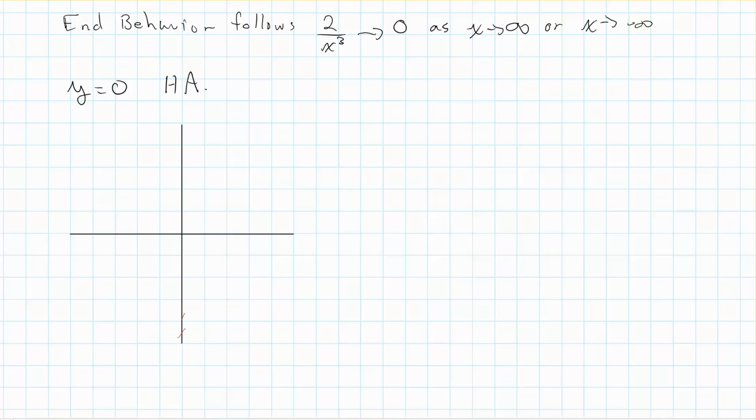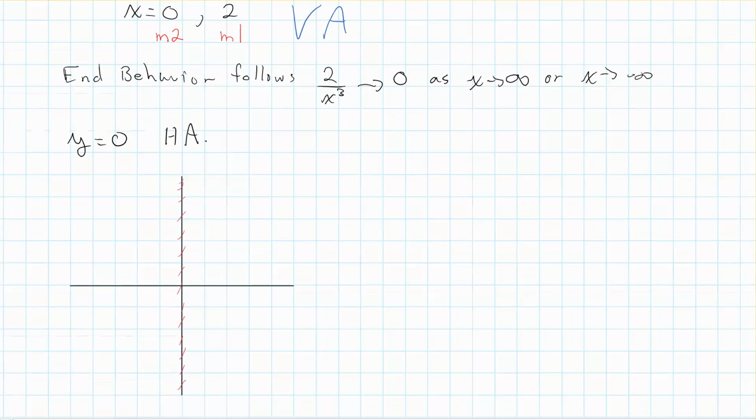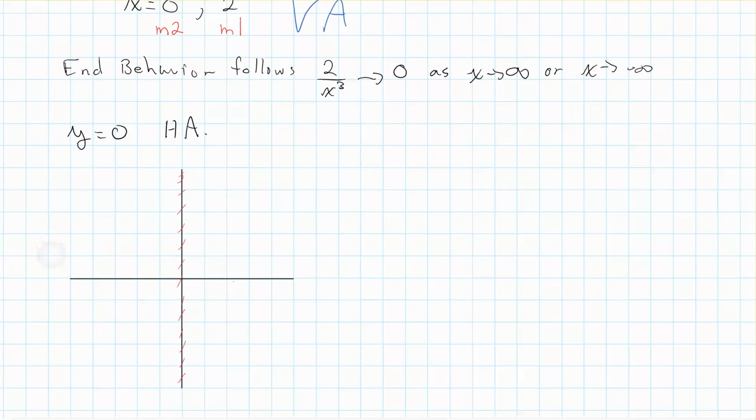So I'm going to do some slashes here to represent that. Now we want to remember that's multiplicity 2, and then we also had a vertical asymptote of x equals 2. Okay, now we have a horizontal asymptote of y equals 0, so that's this horizontal line right here.